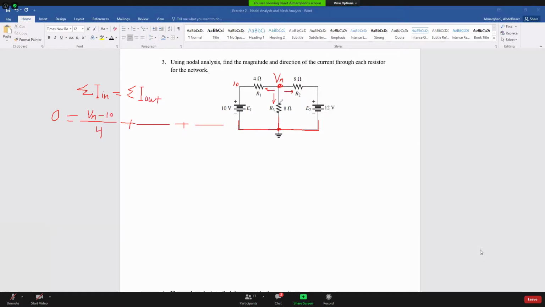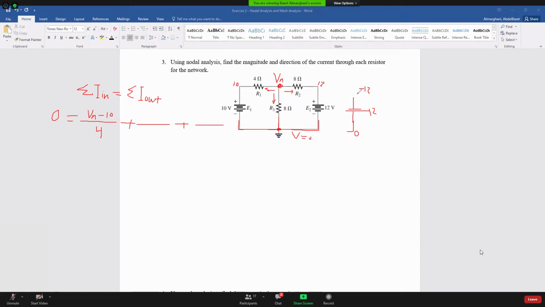The second current is this one here, and this time it's Vn minus the voltage here, which is 12. Now, if the polarity here is different, it means it's minus 12. Let's say it's like this. Then it will be minus 12 here, because you go from the 0 volt, which is this side.